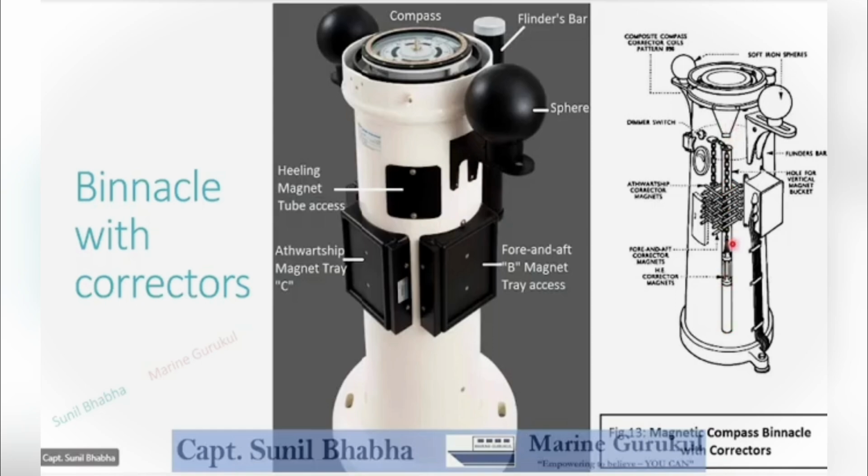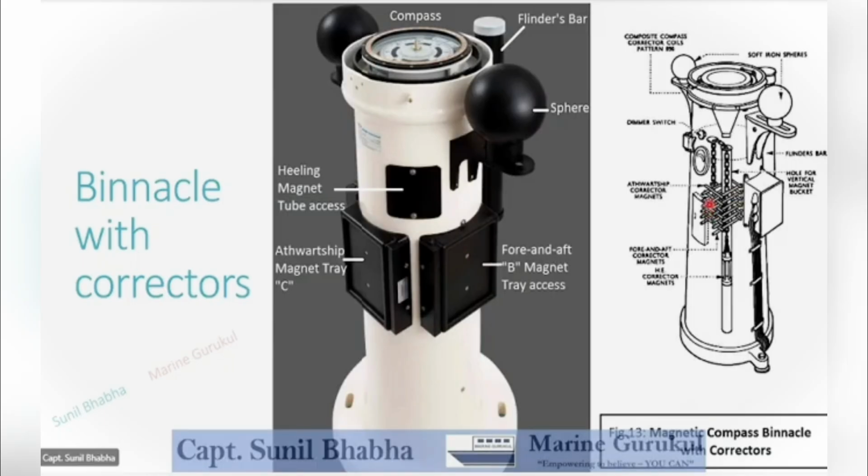This is the heeling error pipe. We have the periscope pipe also along with this, and you can see these are the fore and aft magnets which are fitted in the binnacle below the compass. And you can see these are placed 2 in a row side by side, one on either side of this pipe or the heeling error corrector bucket. We can also see outward ship magnets placed inside the binnacle. These are used to correct permanent C, which we will be seeing later.